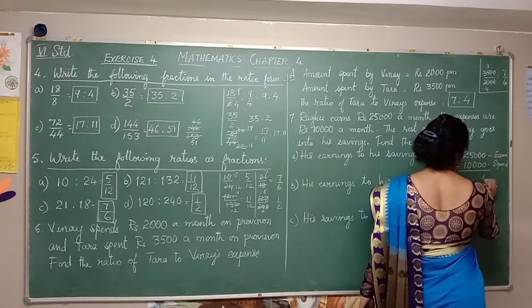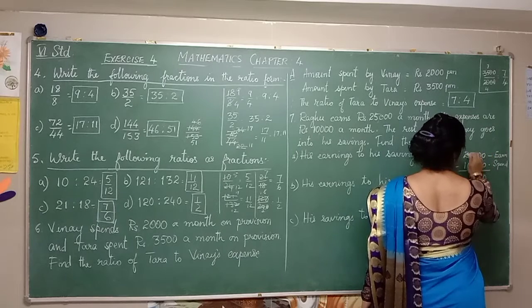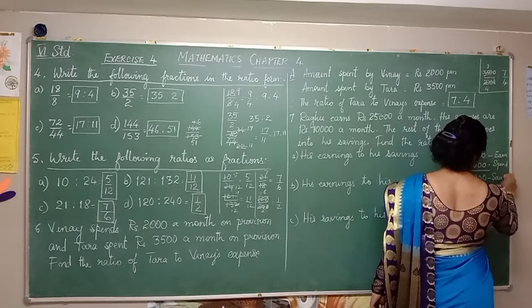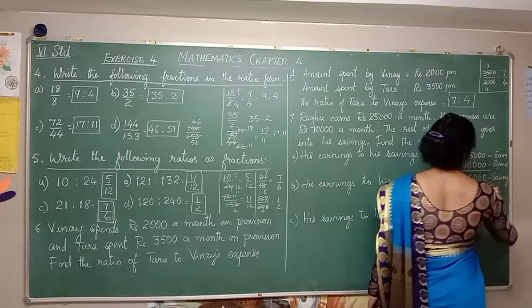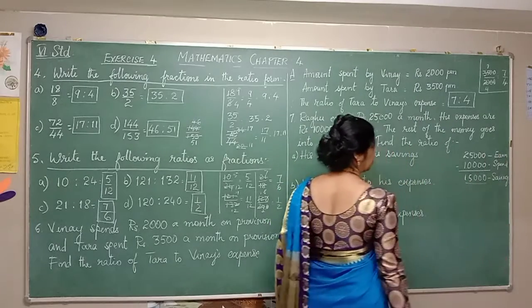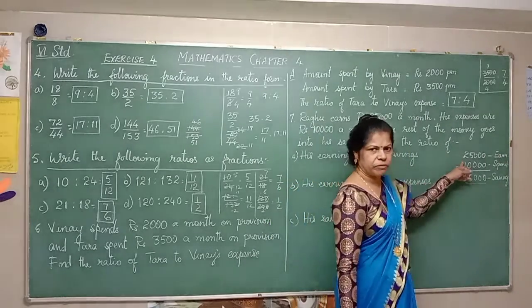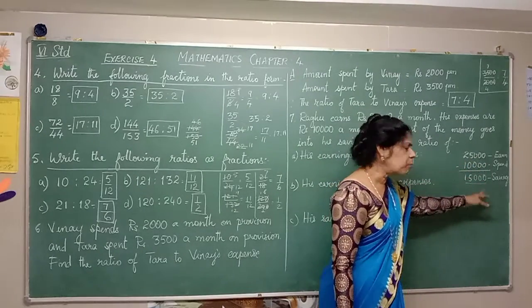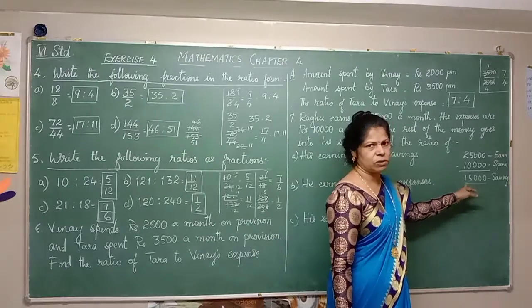When you minus, how much it comes? 0, 0, 0. 5 minus 0, 5. 2 minus 1 is 1. So this will be savings. First you have to find out this. Got it, children? All this you put in the working column. So earning is 25,000. Spending is 10,000. So amount saved is 15,000.